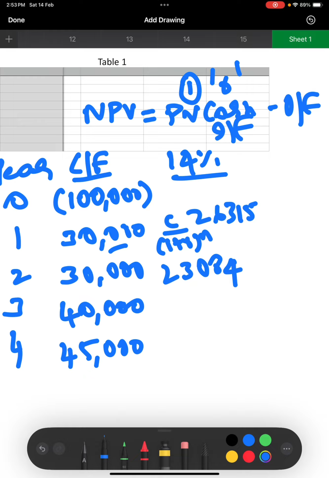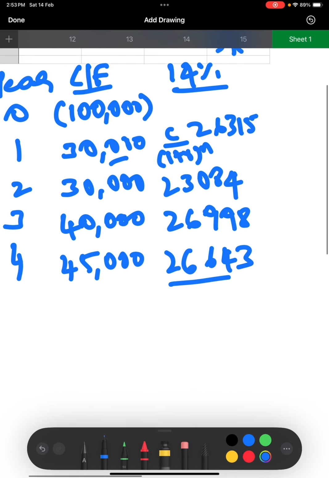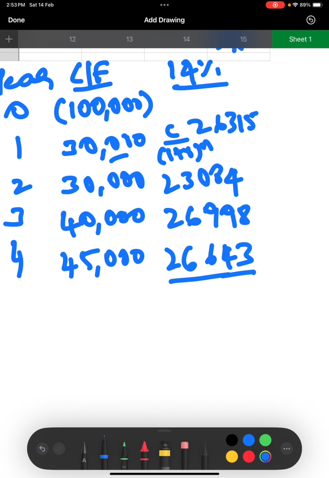I'm just rounding off. Then 26,998 and then 26,643. Now you need to take the total of this. So the total will come to 1,03,042.